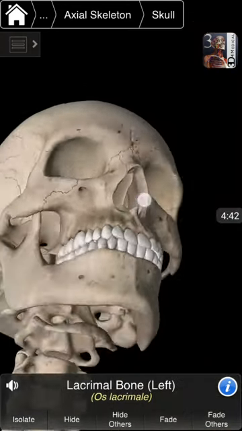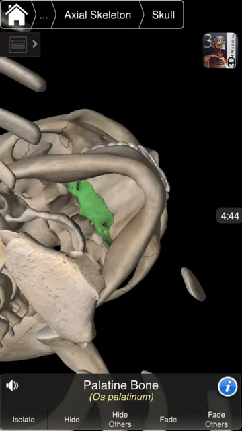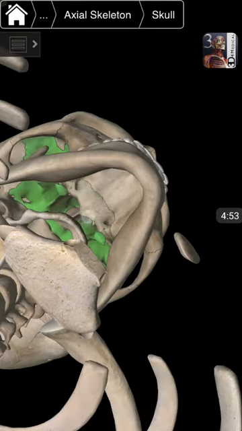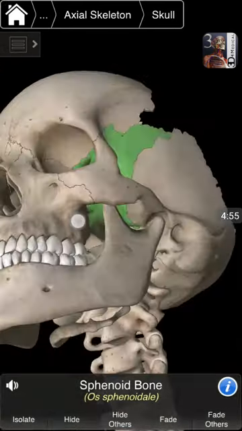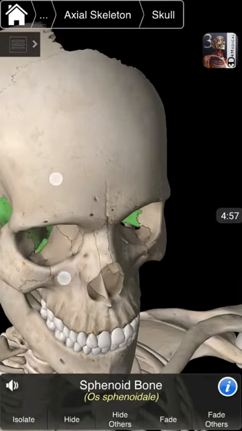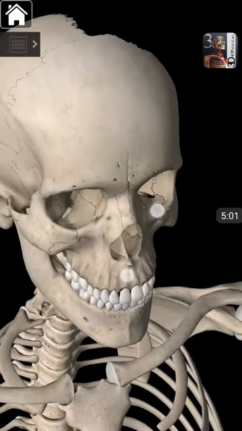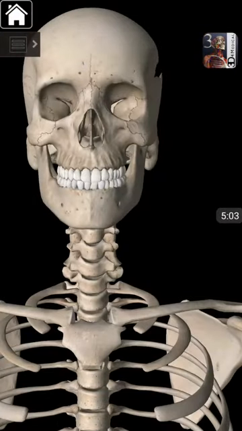Then from the inferior aspect, we see the palatine bone. These are again 2 in number. A suture is shown between these 2 palatine bones, which is called the interpalatine suture. So these form the facial skeleton, which is called viscerocranium.